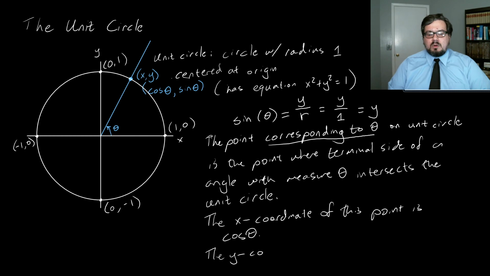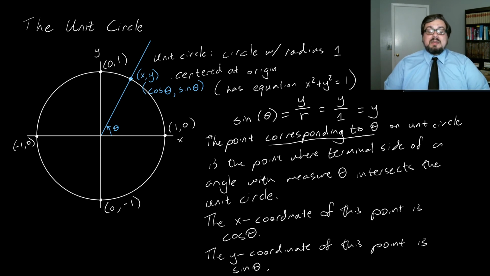The y-coordinate of this point is sine theta. And we can compute tangent by remembering that tangent is sine over cosine. And once we have the sine and cosine of an angle, we can figure out all of the other four trigonometric functions very easily. So this is another way that we can interpret sine or cosine of an angle.